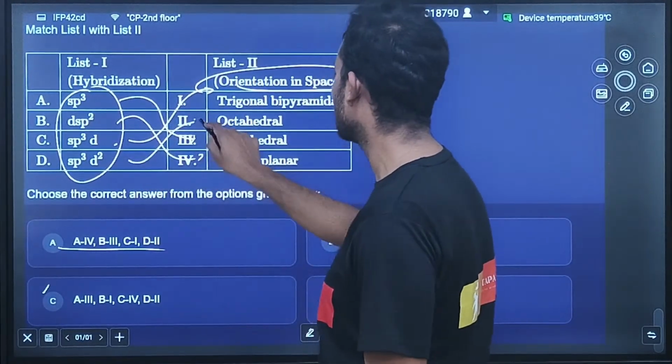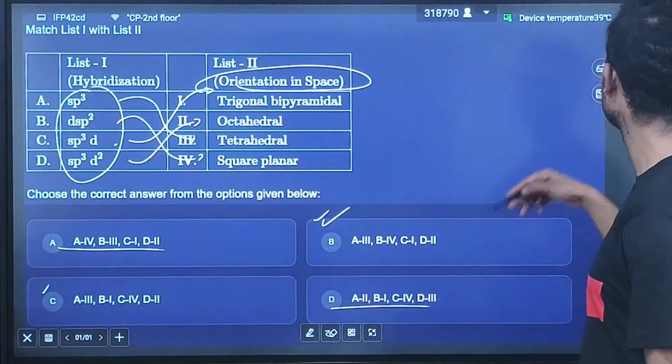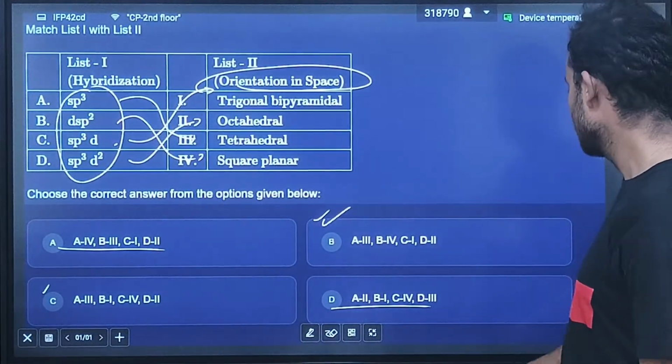Then after that sp3d2 has octahedral. Very easy question, guys. We'll move on to the next one.